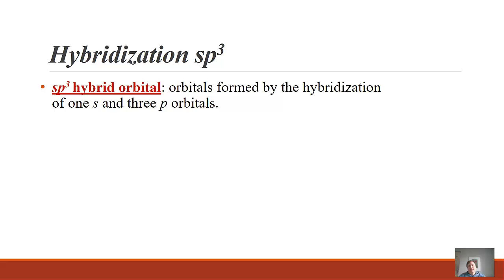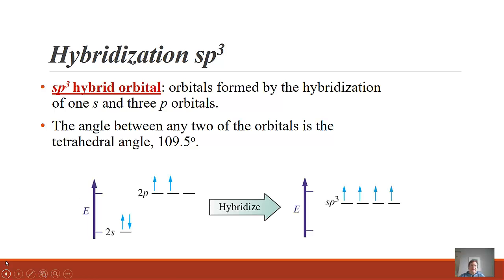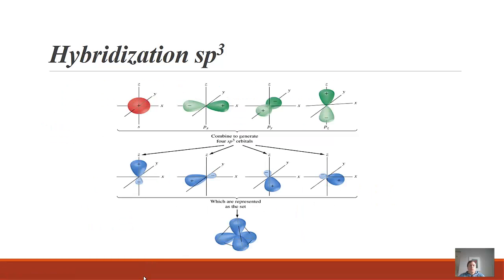And then finally, the last type is an sp3, and that's made up of one s and three p orbitals. Okay, we get an angle of about 109.5 degrees between those. We've got one s, three p's, and they come together to form this sp3. Notice here we have one leftover. Okay, so we'll have one leftover orbital there. That'll become important later.